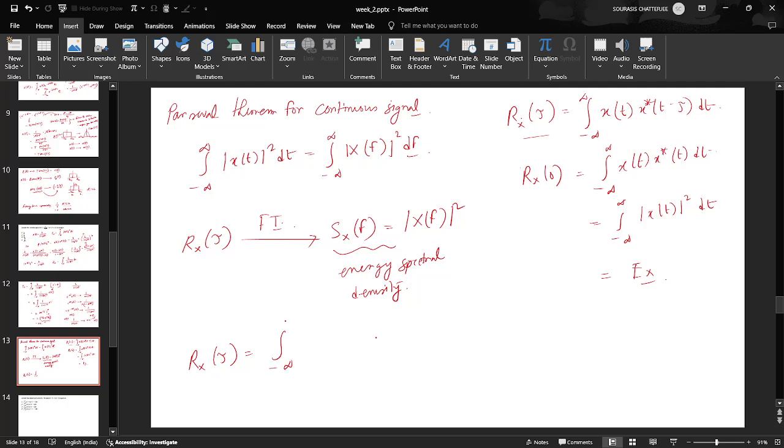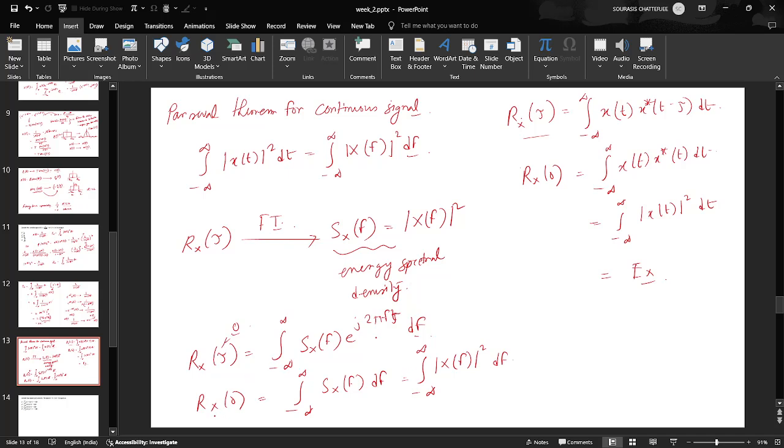We need to integrate Sx(f) e to the power j 2 pi f tau df. Now if we make tau equal to 0 here also, what we will obtain? Rx(0) is equal to minus infinity to infinity Sx(f) df, and we have already seen this Sx(f) is nothing but absolute value of X(f) square.